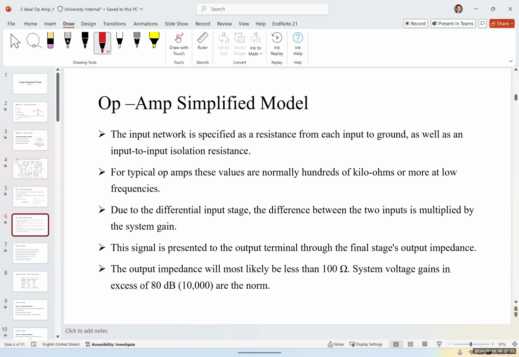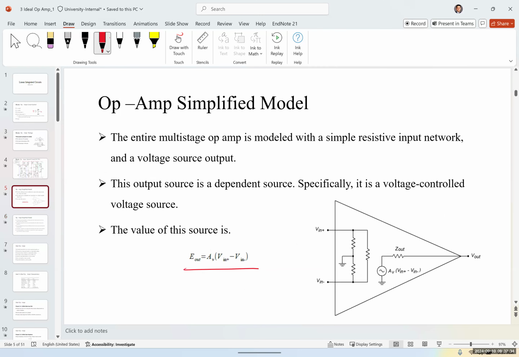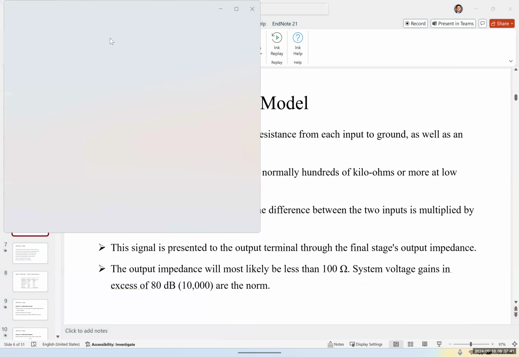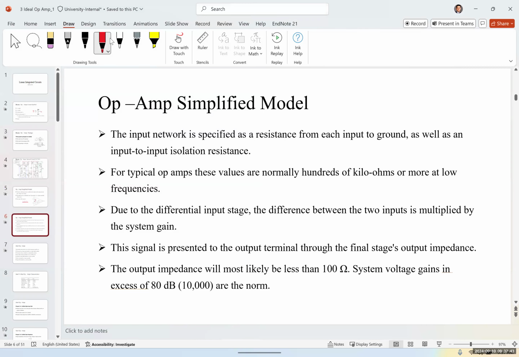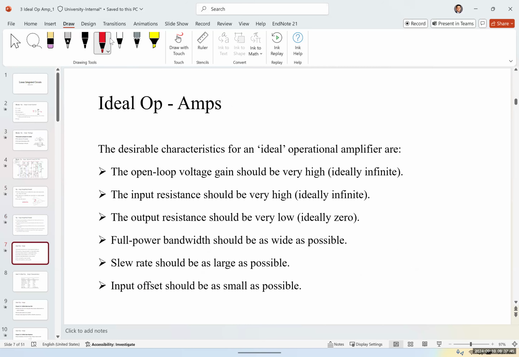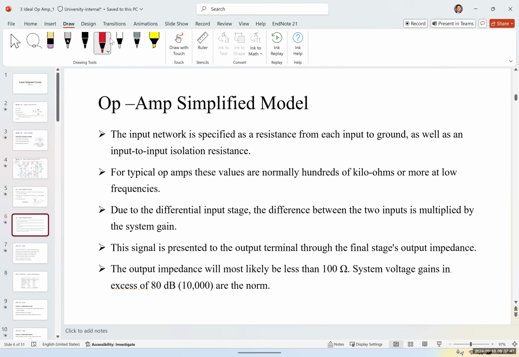So the input network is specified as a resistance from each input to the ground, as well as an input to input isolation resistor. You can see that each has a resistor connected to the ground, and it's also isolated between the inputs with a resistor as well.